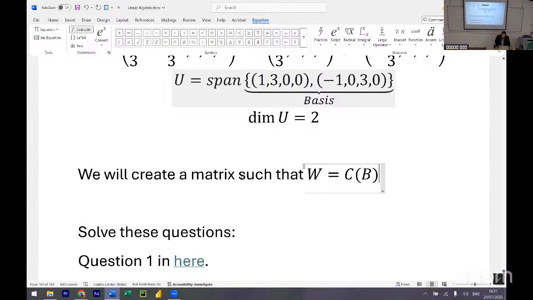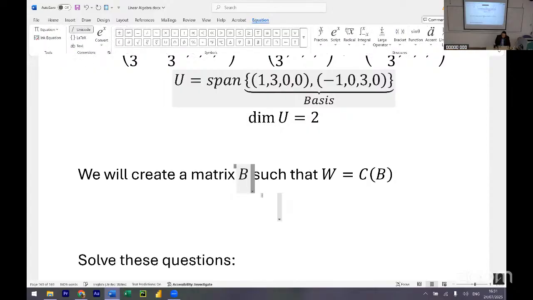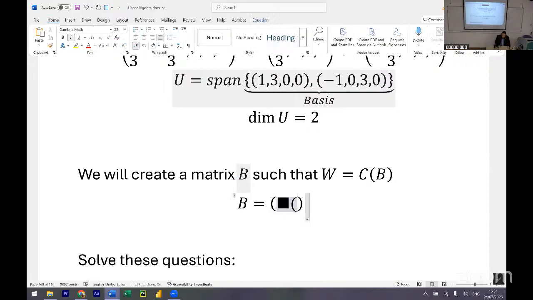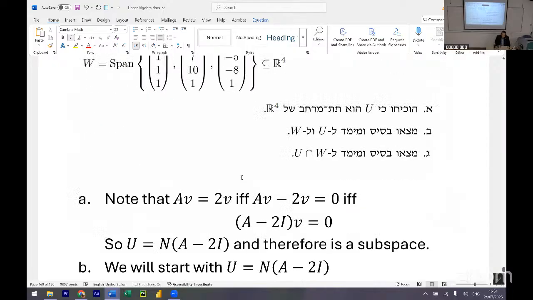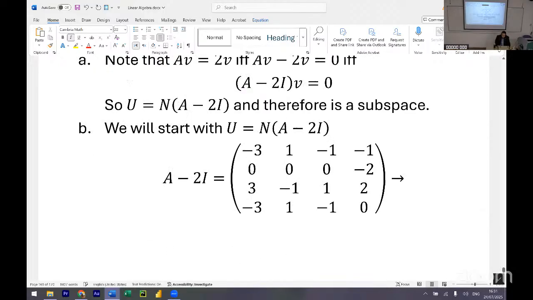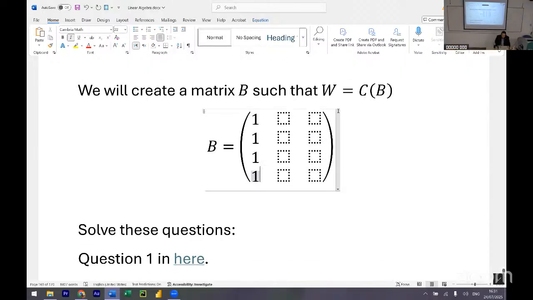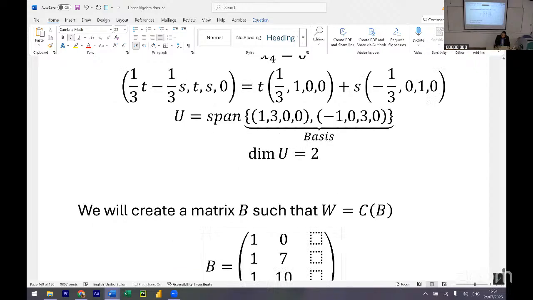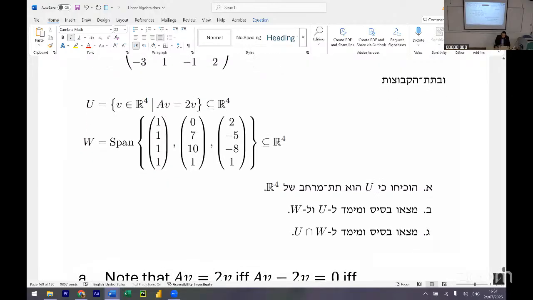I'll call it B. And B is simply the matrix with rows 1 1 1 1 1, then 0 7 10 1, and 2 minus 5 minus 8 1.